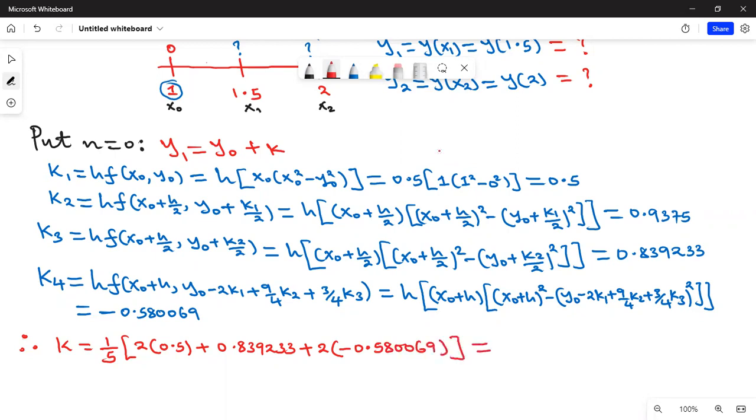When you work it out, you need to get 0.135819.